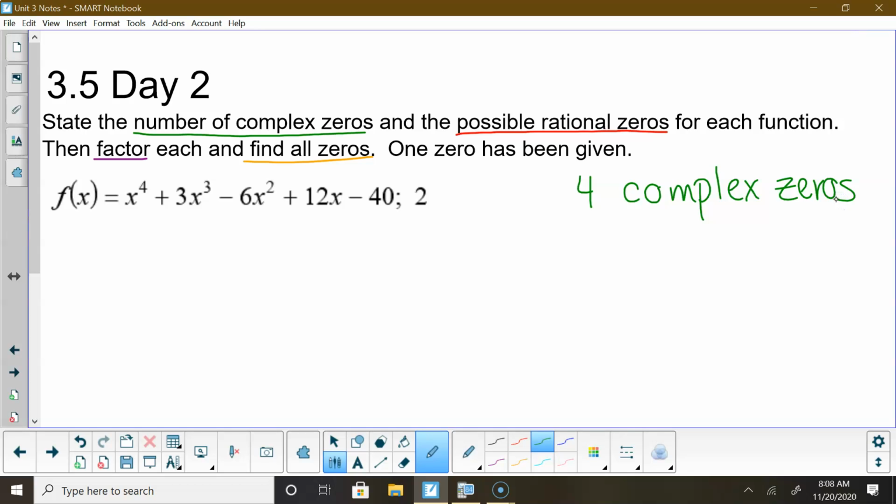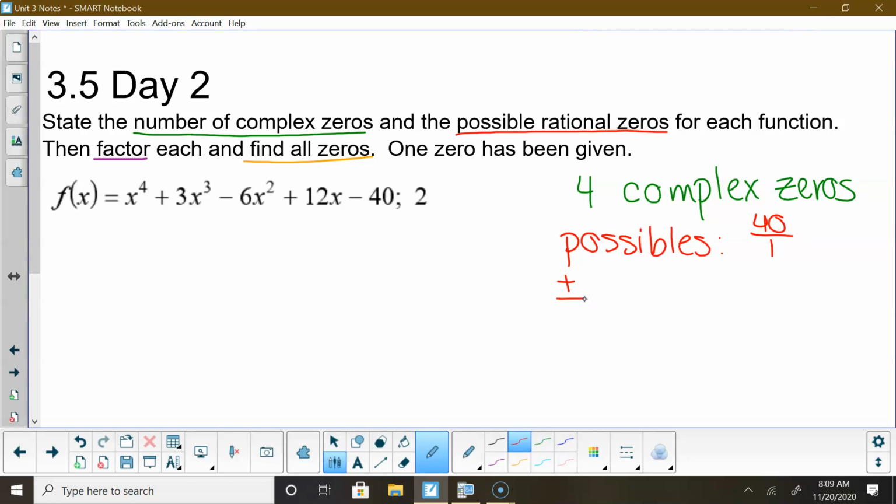Right? The possible rational zeros. All right, found by taking factors of 40 over factors of 1. So my possibles are plus or minus factors of 40 over 1.